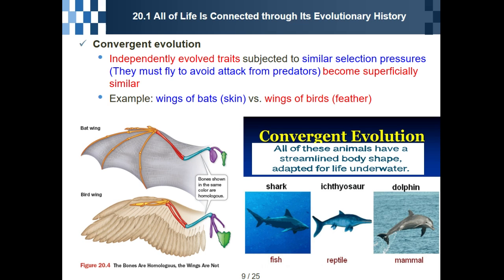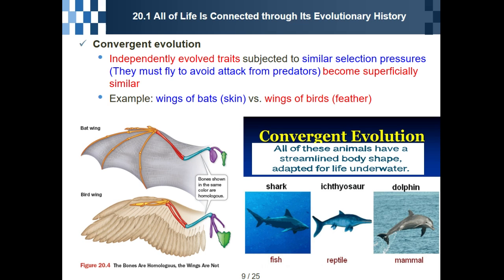Okay, but they are subjected to similar selection pressure. They have to fly. So these traits become superficially similar. They become wings. This is a bat wing, and this is the bird's wing. They become superficially similar. So this one we call convergent evolution.